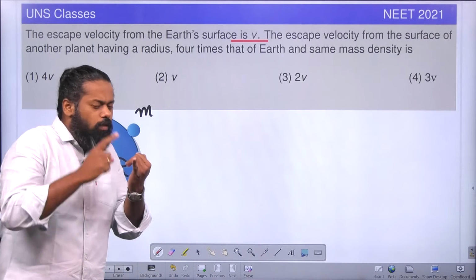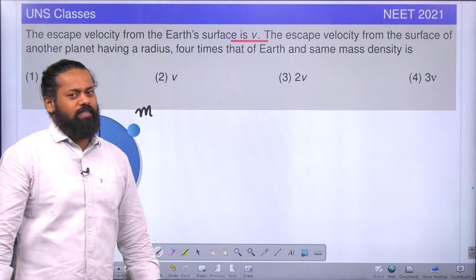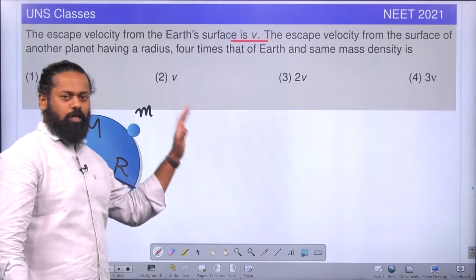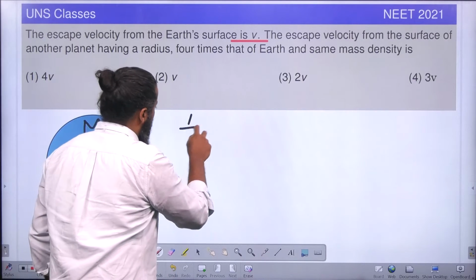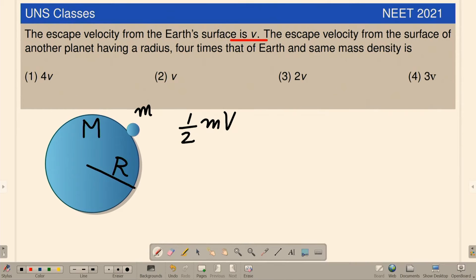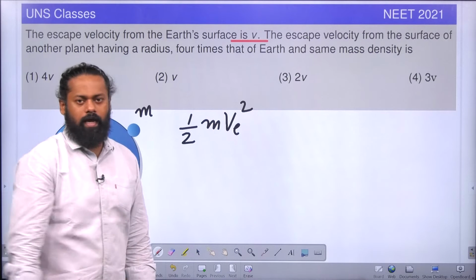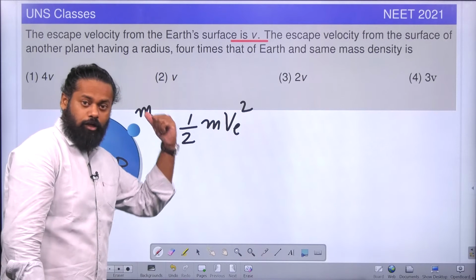The total energy is going to be equal to kinetic energy plus potential energy. So we can say initial kinetic energy is half m ve square. Now what is the potential energy?